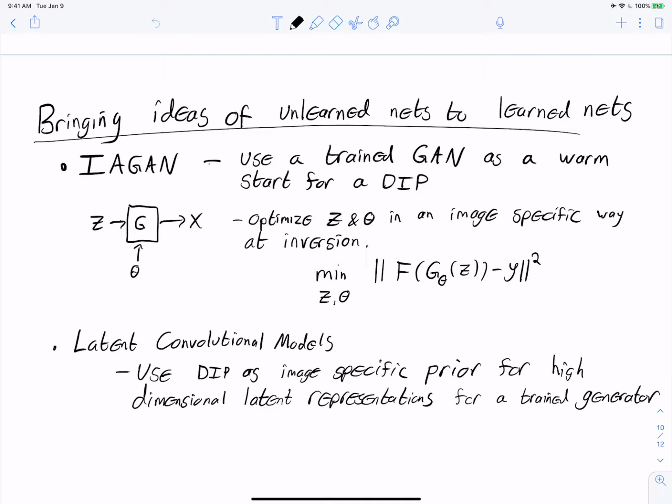If you could, you would prefer to not have to do that because it would be cheaper. And so in unlearned nets, there is no need to go out and collect a massive data set in advance.